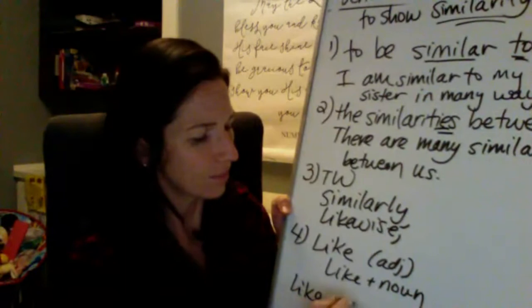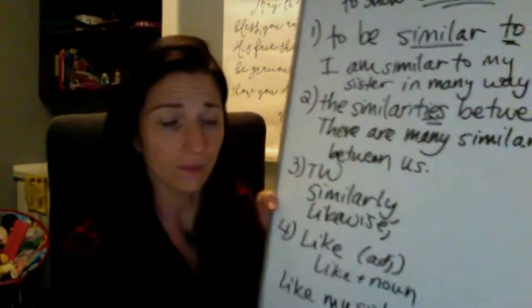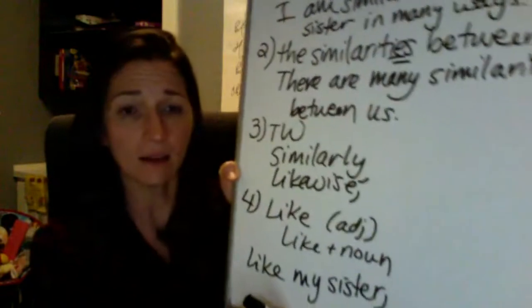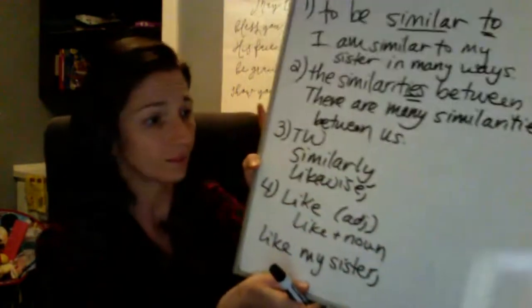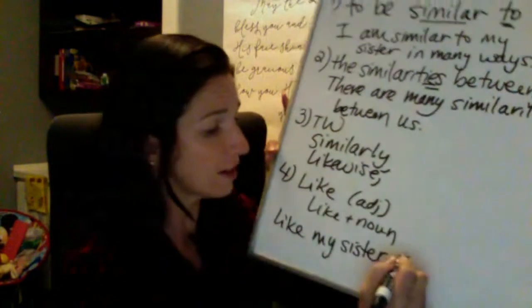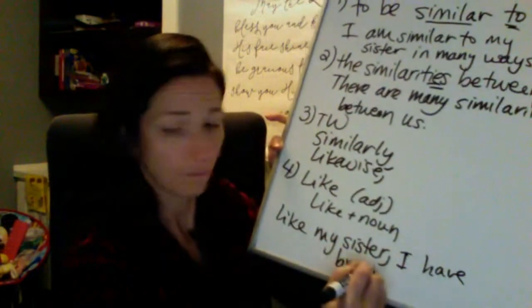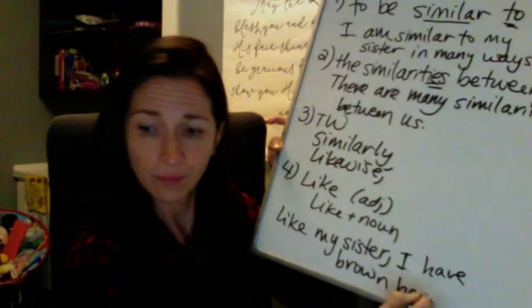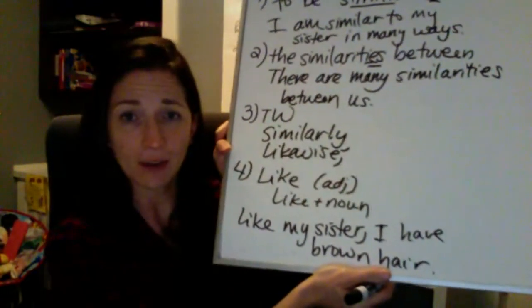Like my sister, comma, I have brown hair. So my sister and I do have brown hair. Okay, like my sister, I have brown hair.